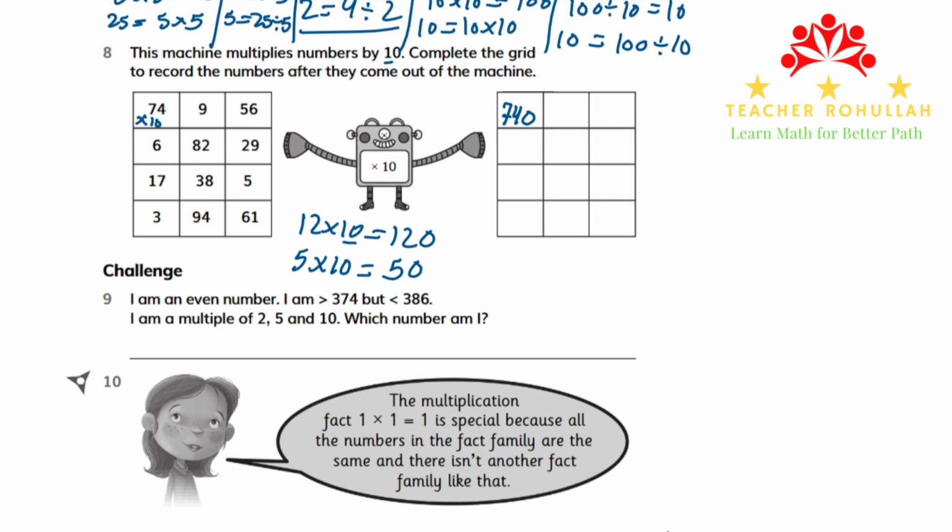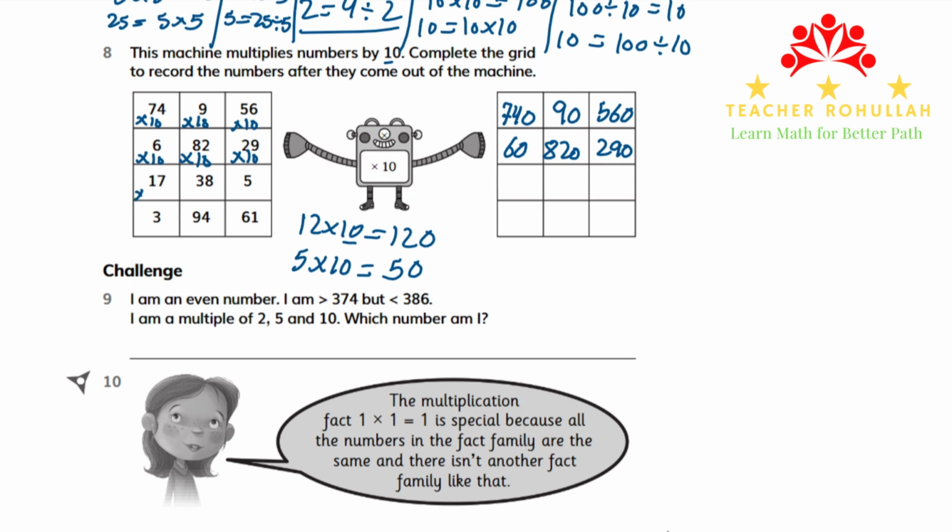The same way, 9 times 10 gives us 90, and 56 times 10 gives us 560. 6 times 10 gives us 60. So the only thing we need to do is write the number itself and add a 0 to the right of it. 82 times 10 gives us 820. 29 times 10 gives us 290.